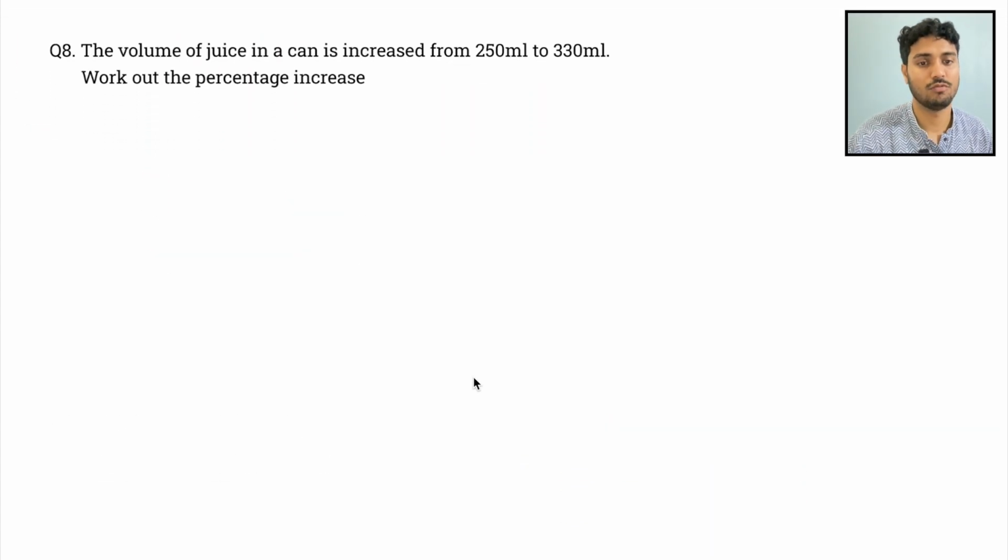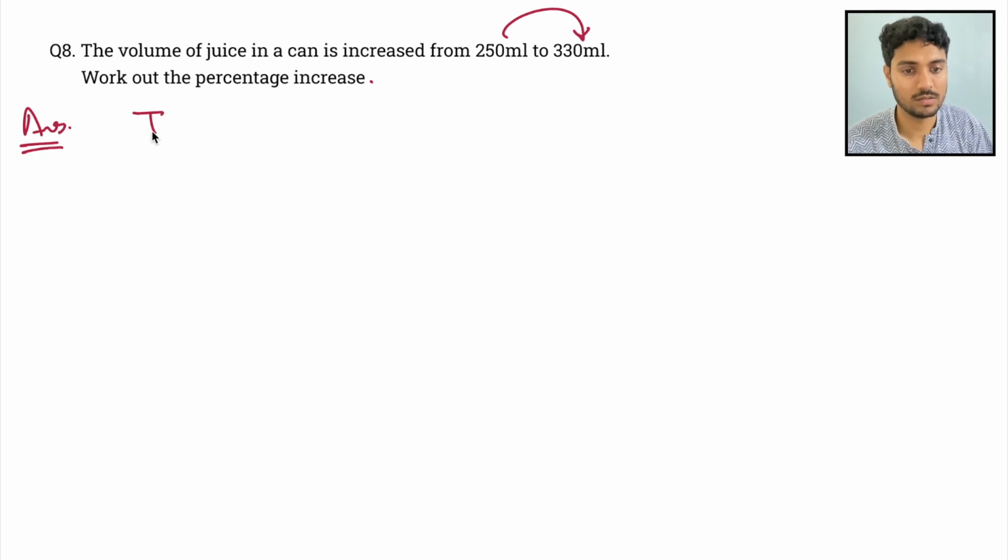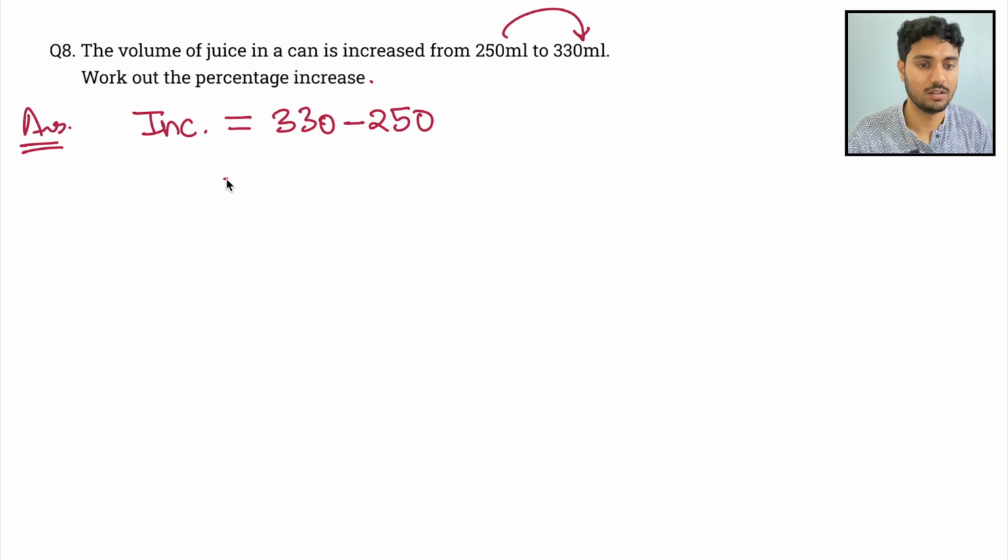Question number 8. It says the volume of juice in a can is increased from 250 ml to 350 ml. Calculate the percentage increase. So what's the increase? Increase is 330 minus 250, that's 80.